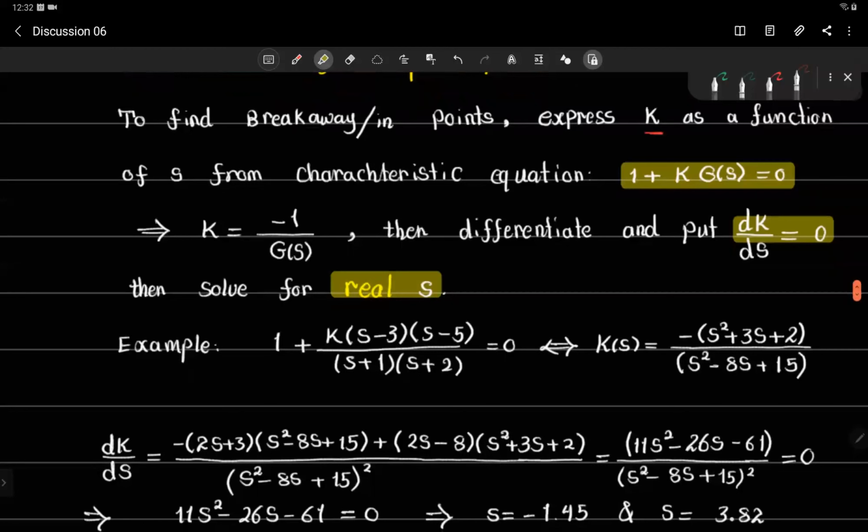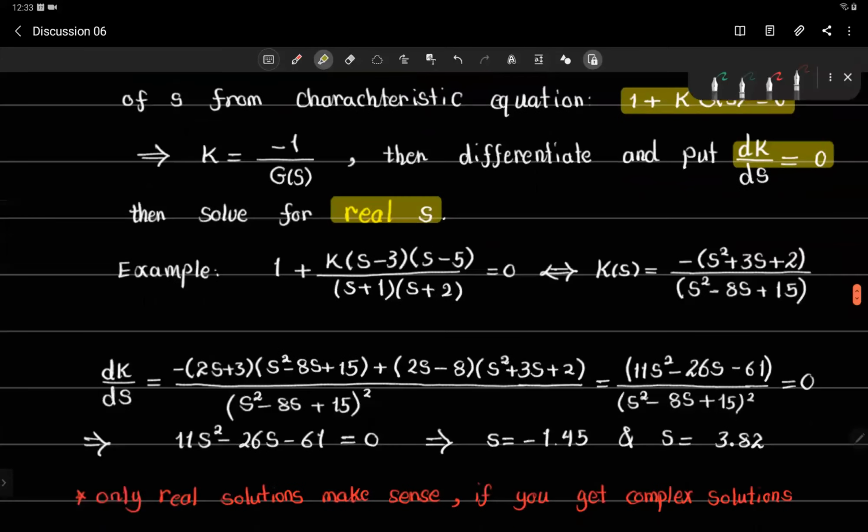For example, suppose that the characteristic equation is given by this expression: 1 plus K times (S minus 3)(S minus 5) divided by (S plus 1)(S plus 2). We want to set this equal to 0, which means that K will be given by this expression here.